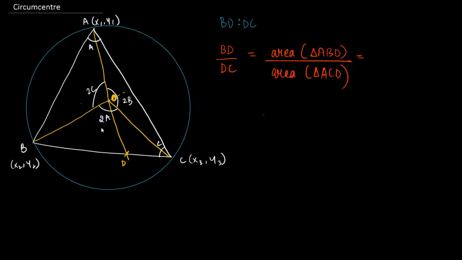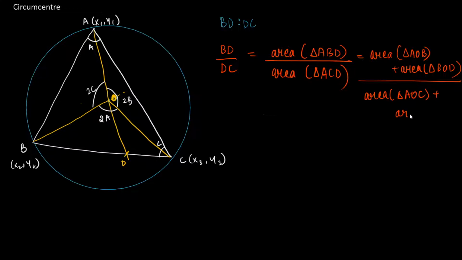Let's think about it. We can write this as the area of triangle AOB plus the area of triangle BOD, that's ABD, divided by the area of triangle AOC plus the area of triangle COD.